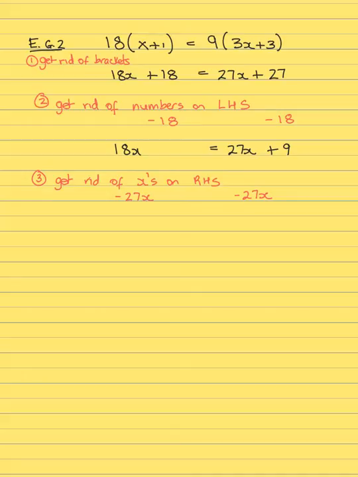And we see we have 18x minus 27x is minus 9x. 27x minus 27x is 0, so we just have 9. And our final step then is just to divide across by the number in front of the x.